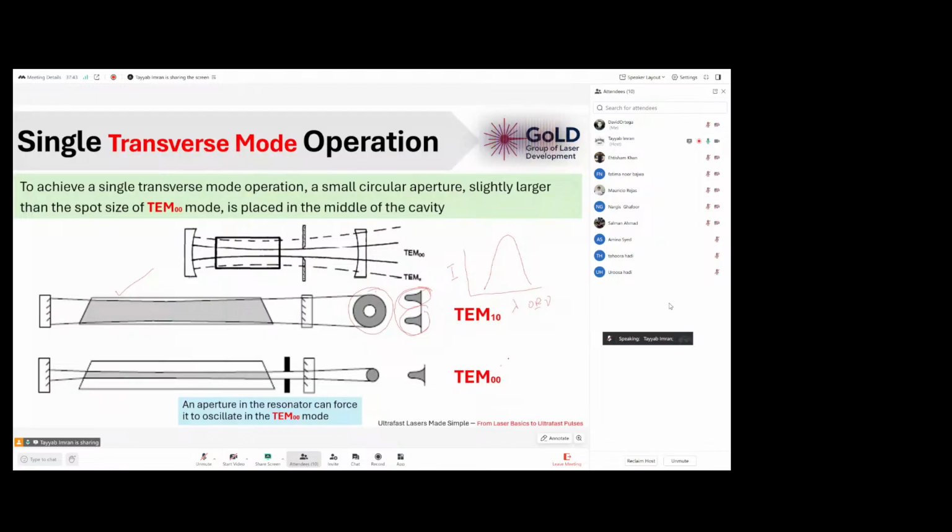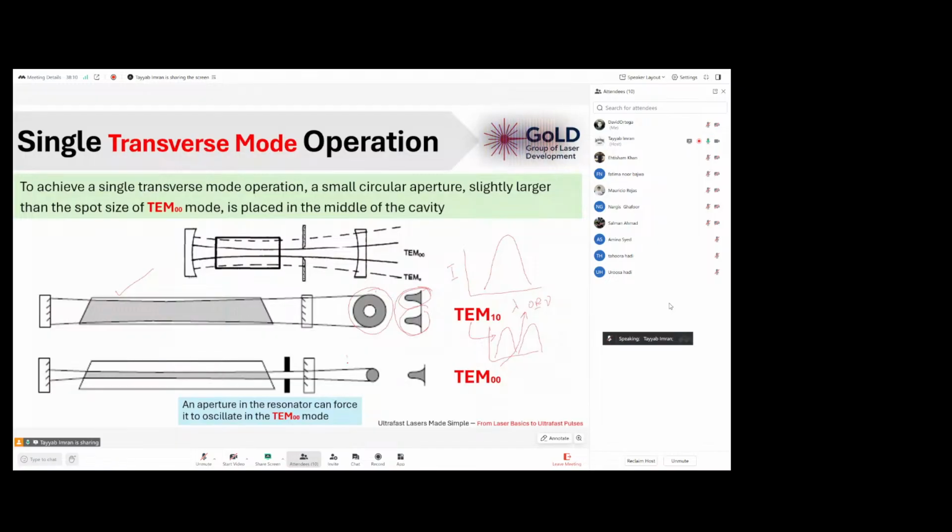So if you have this mode, then your output spectrum will be like this, and if you have this, then it will be like this. Which definitely is not an ideal case, but in this case, you may have higher energy, but the beam profile will not be perfect.